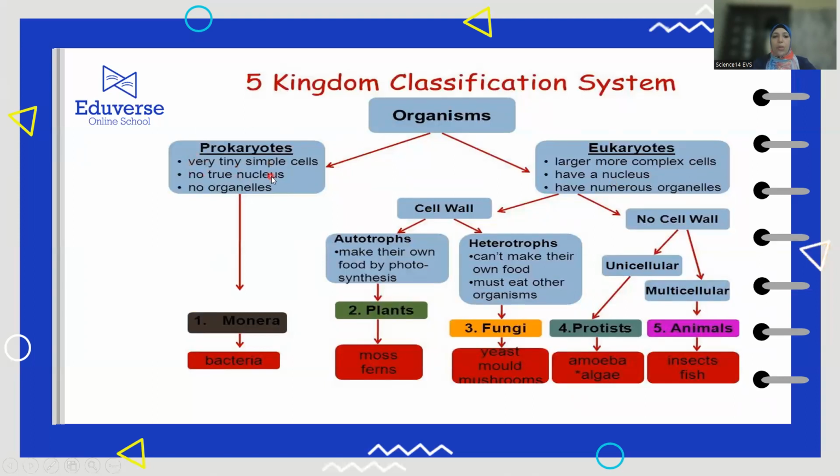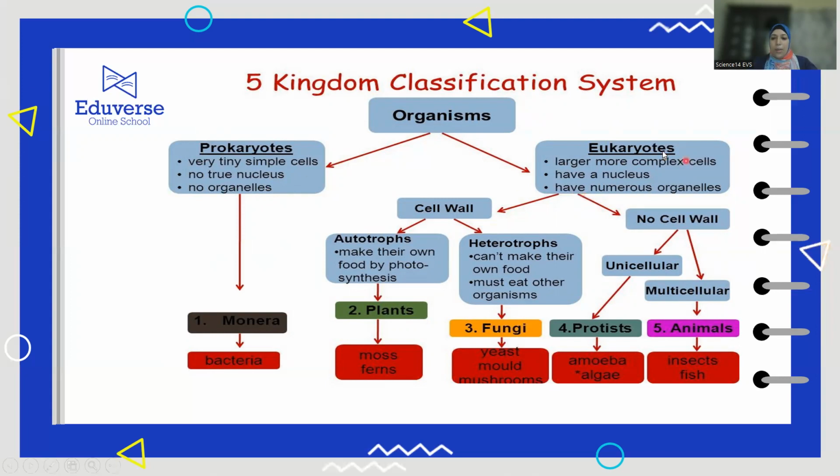They have no true nucleus and no organelles. That means these organisms have no normal nucleus structure. There is no nuclear membrane, no nucleolus, no nucleoplasm, but the DNA is scattered in the cytoplasm with no cover or envelope.